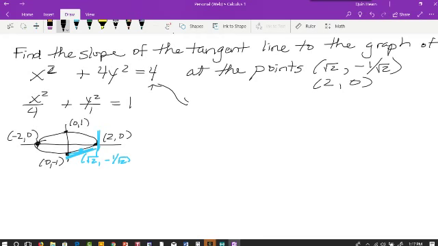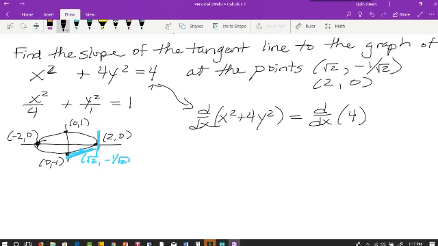So starting with finding dy/dx, we have to differentiate both sides of this equation with respect to x. On the left here, the derivative with respect to x of x squared is just going to be 2x.